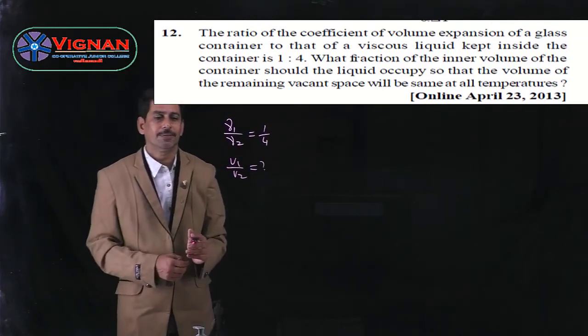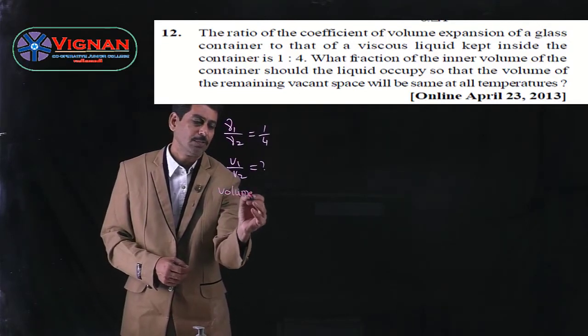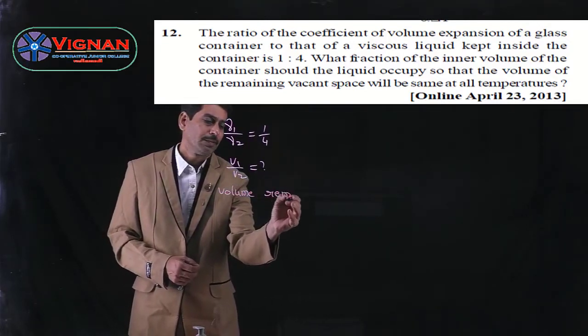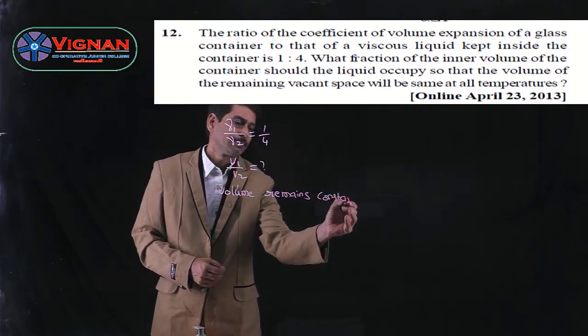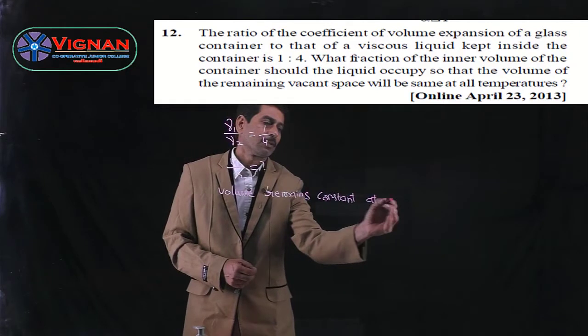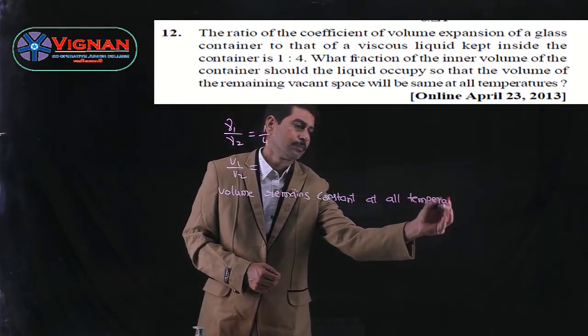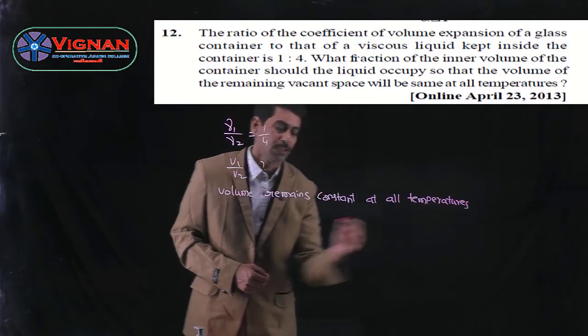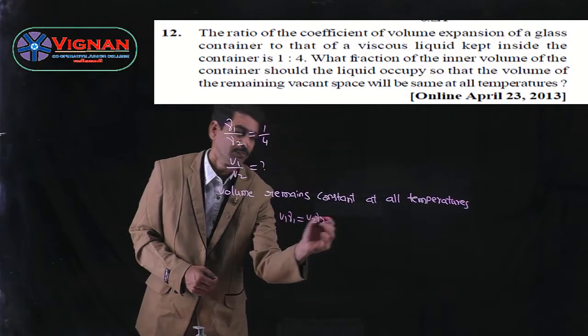The condition for this is that V1 gamma 1 must be equal to V2 gamma 2.